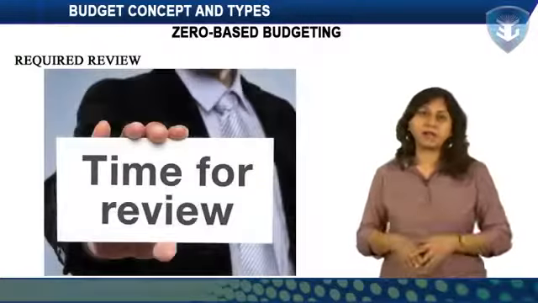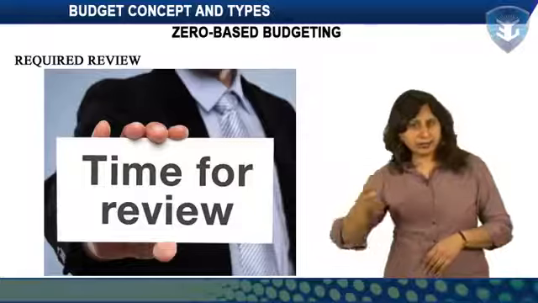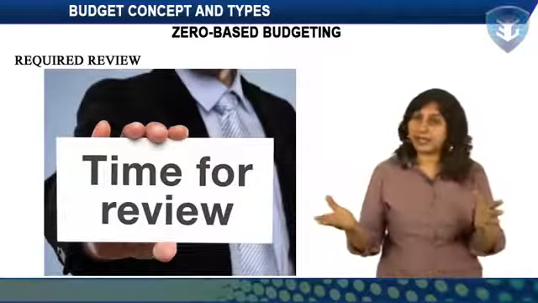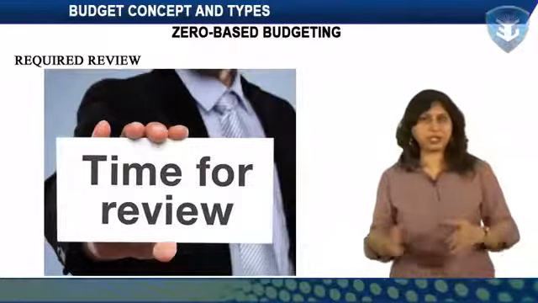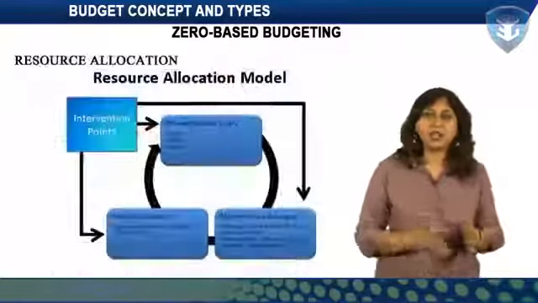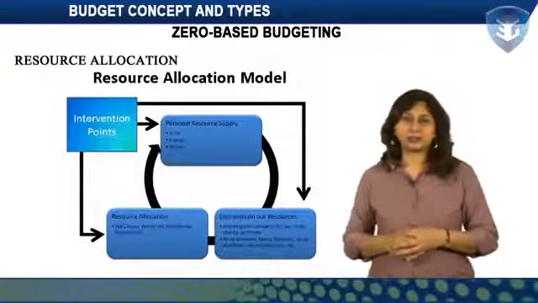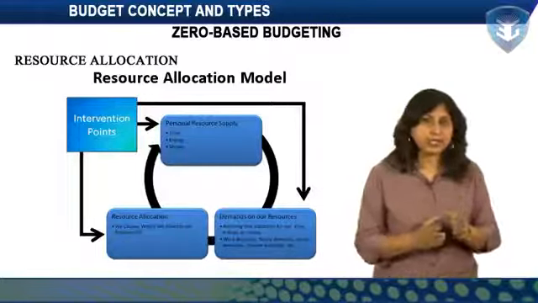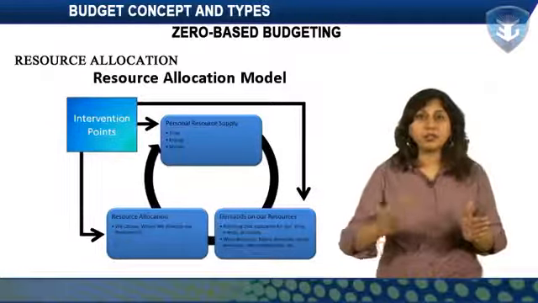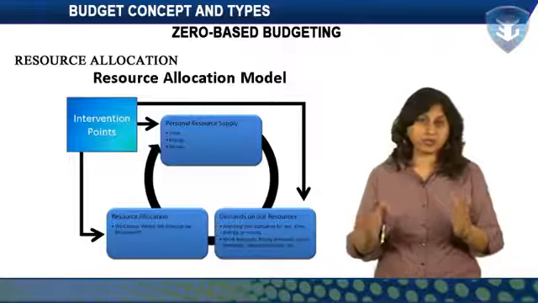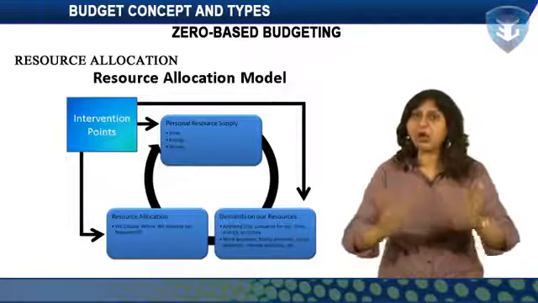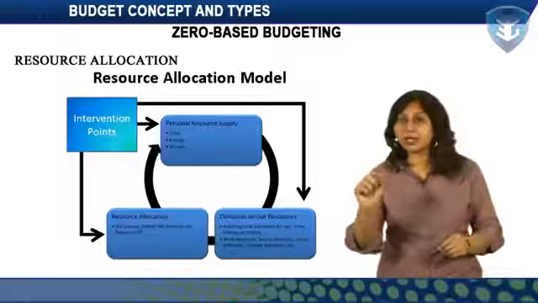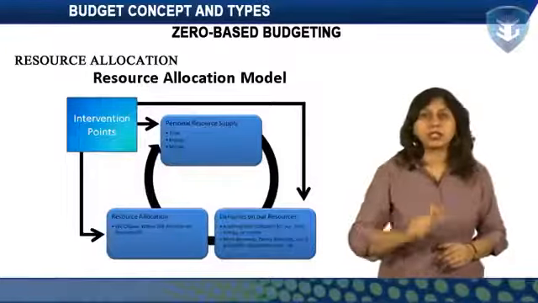Required review. Using ZBB on a regular basis makes it more likely that all aspects of a company will be examined periodically. Resource allocation. If the process is conducted with the overall corporate mission and objectives in mind, an organization should end up with strong targeting of funds in those areas where they are most needed.